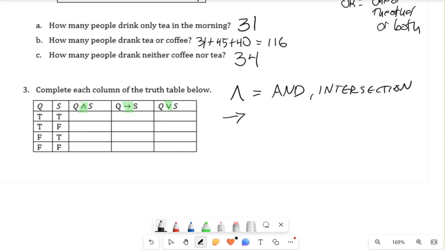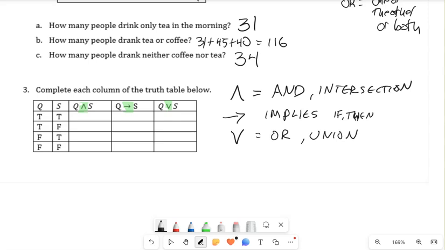This symbol is implies, so like if, then statements. And this symbol is or, the union.